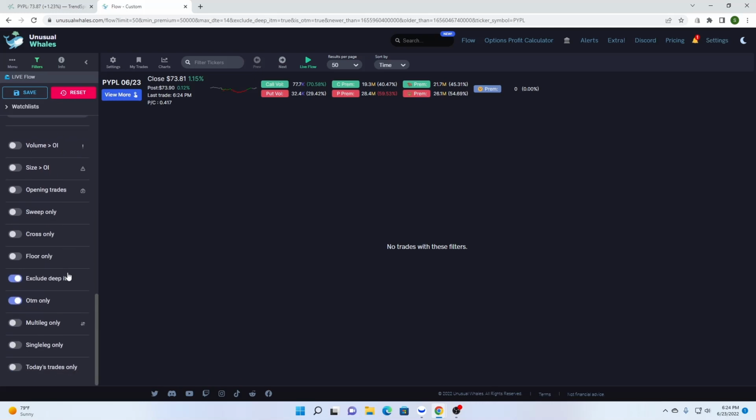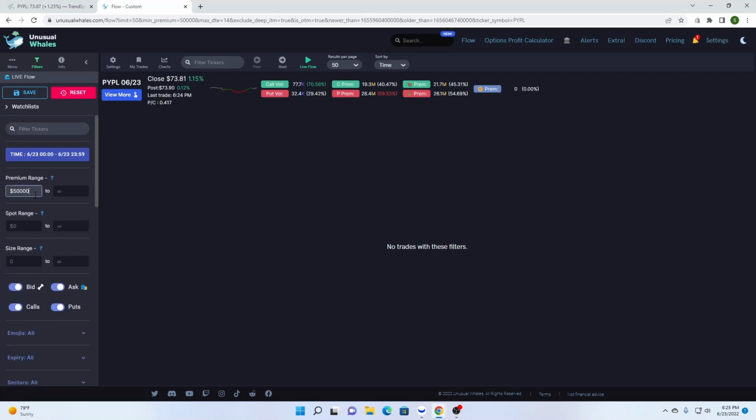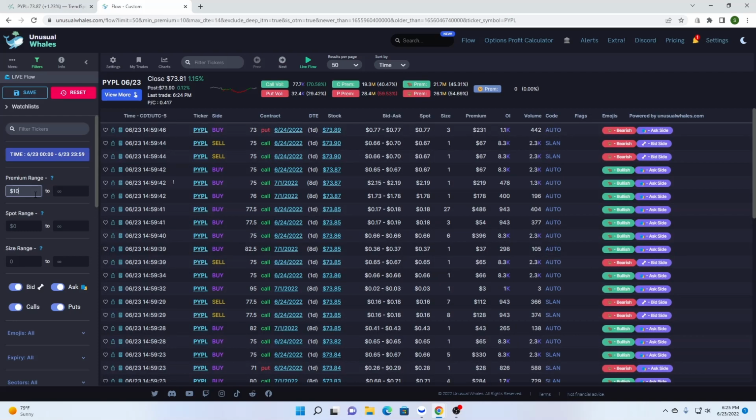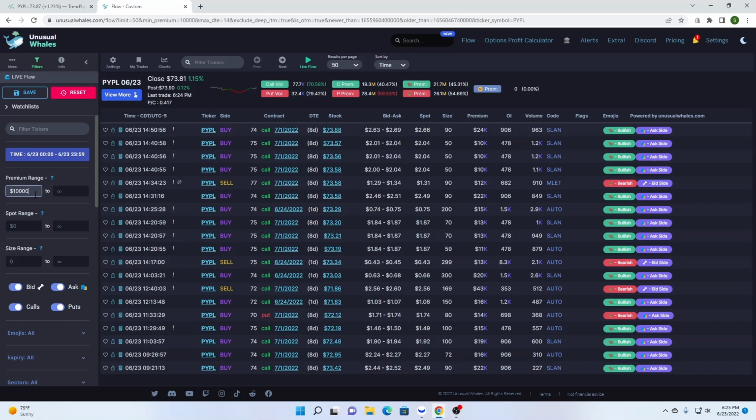This is a preset. And then I have exclude DP, in the money, and OTMs only. Since I don't have that 50,000 range, I'm just going to drop this down to 10K and see. The reason I drop it down to 10 is sometimes people, if they're a little bit smarter, will size in intervals, as we see here with PayPal. If I would have just done the 50 and not looked, I would have missed this.